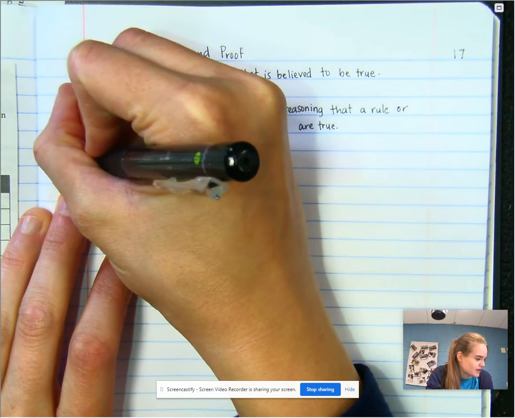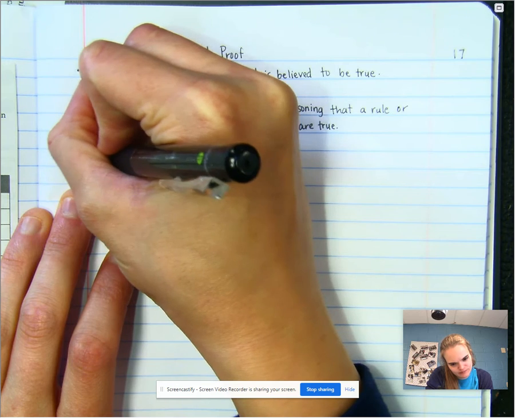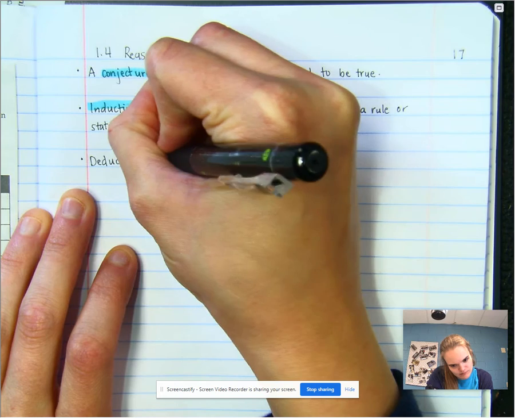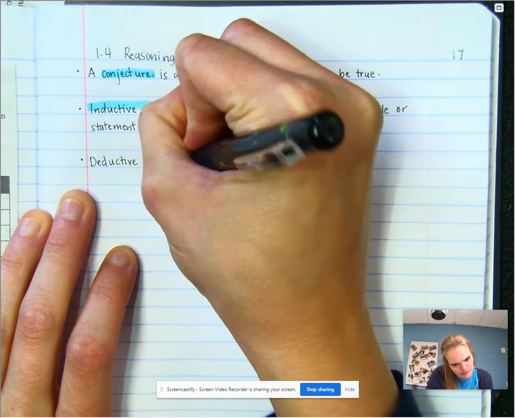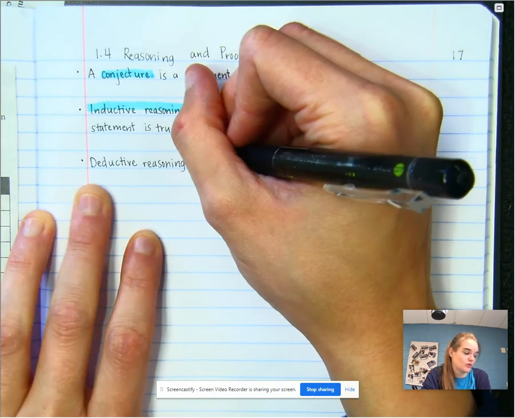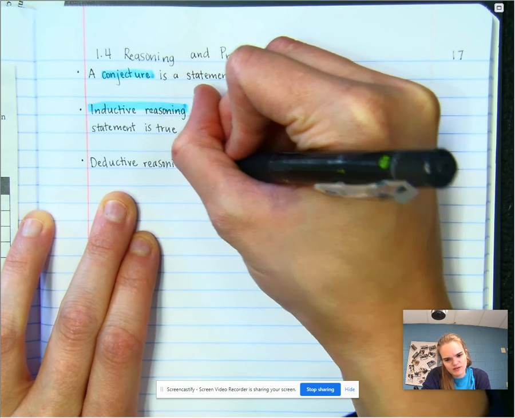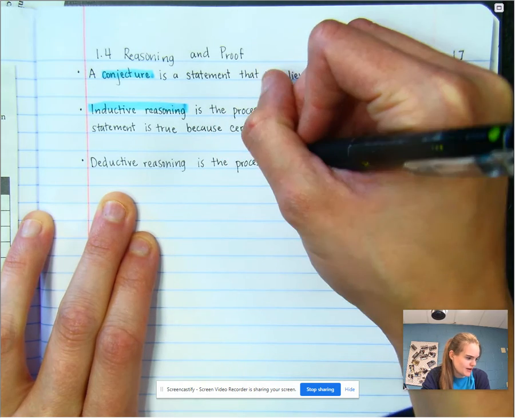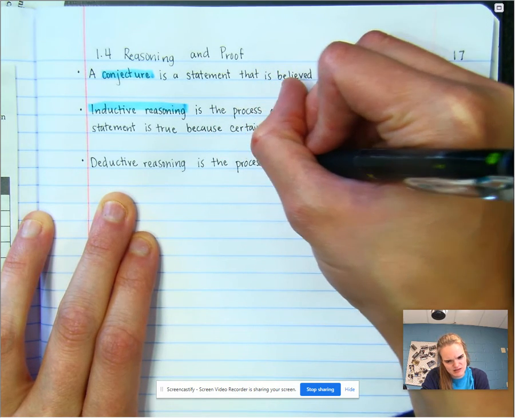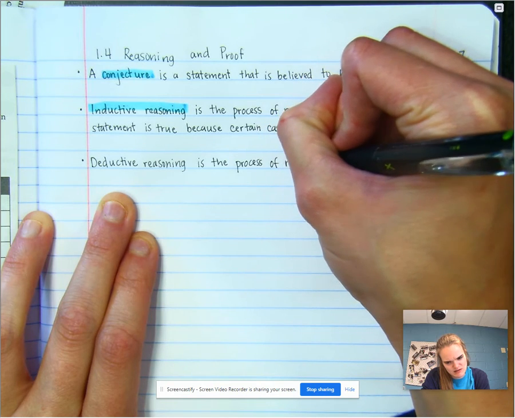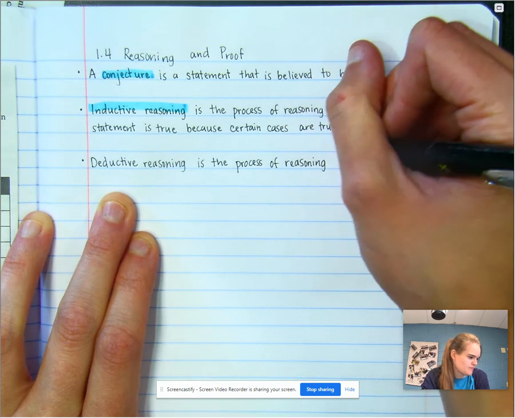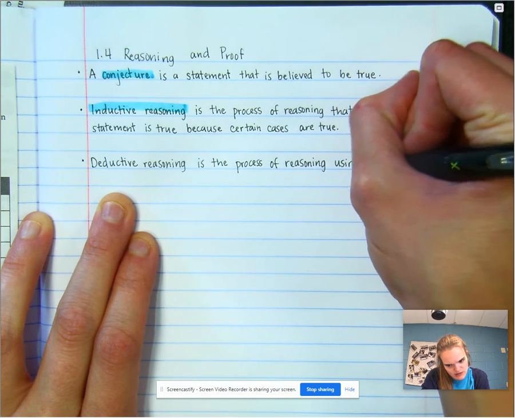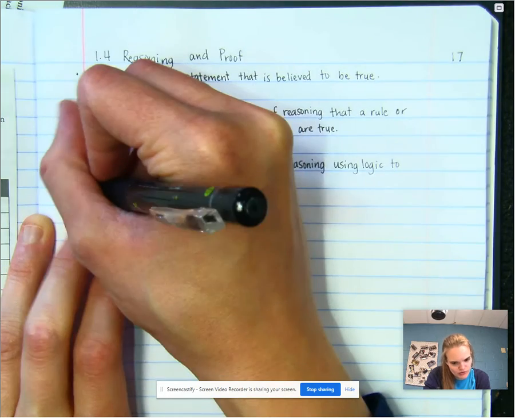Next, we have deductive reasoning. Deductive reasoning is the process of reasoning using logic to draw conclusions.